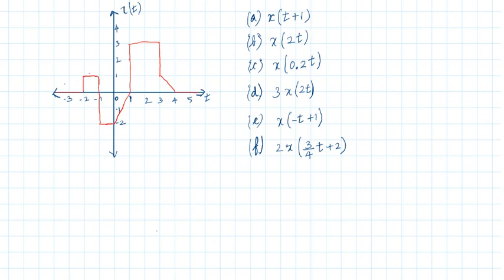Next, what is x of 2t? This operation is time scaling. Divide all time by 2, so the signal will get compressed. Now what about x of 0.2t? Here a is 0.2. Divide everything by 0.2. So -2 by 0.2 is -10, and 4 by 0.2 is 20.